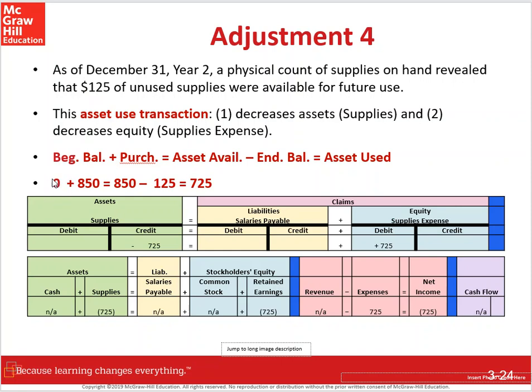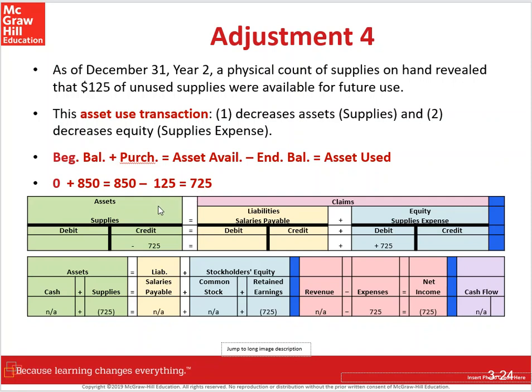So down here we take our beginning balance of 0, we add in $850 of supplies purchased, which gives us $850 of supplies available for use. And if there's $125 of supplies remaining at the end, that means that we used up $725 of supplies. So that's the amount that we want to expense, not $125.